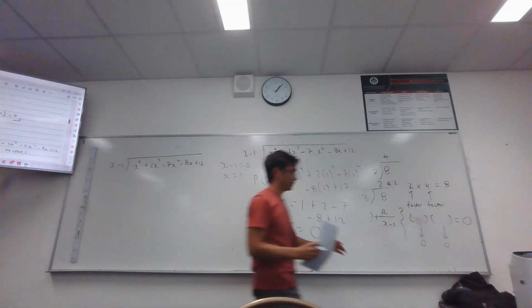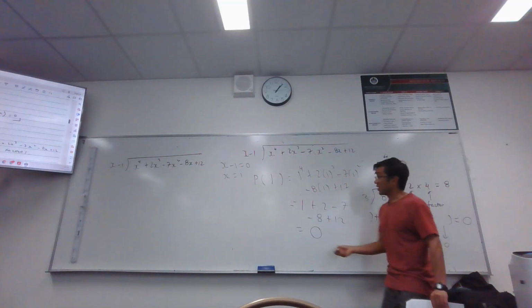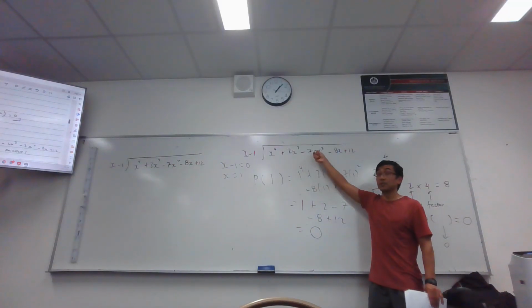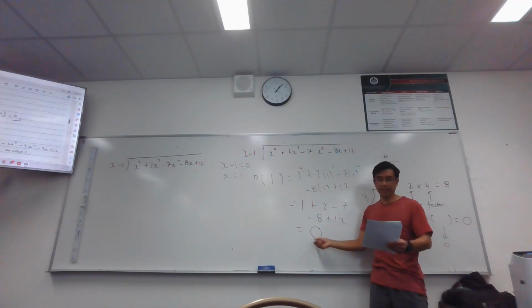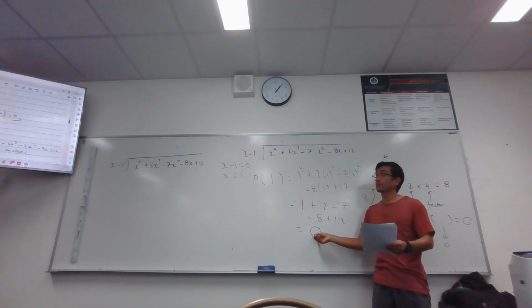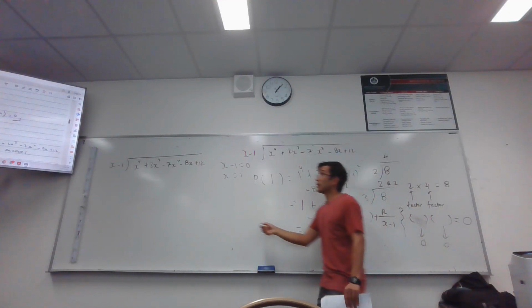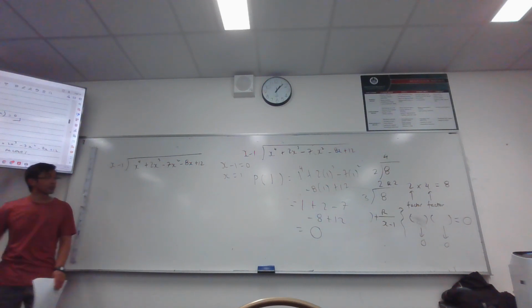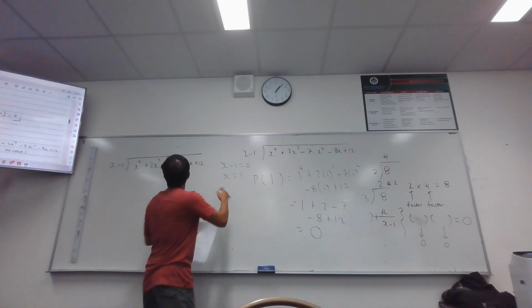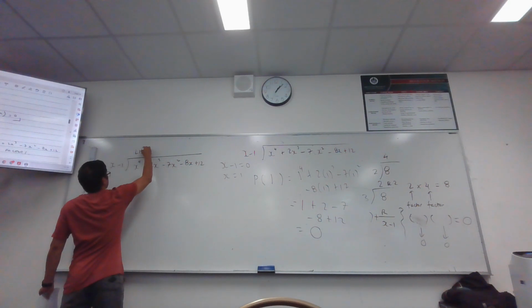Okay, step 1. We need to prove that x minus 1 fits into the equation as a factor. It means we're going to get a 0 remainder. But in order to find the other linear factors, this is where the linear factors start to appear.